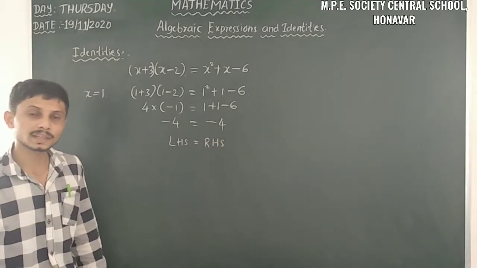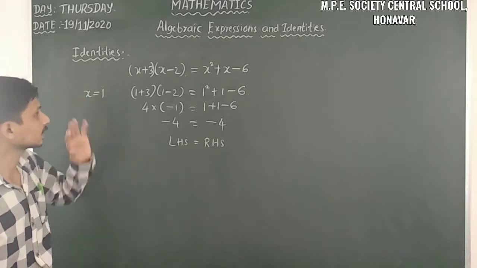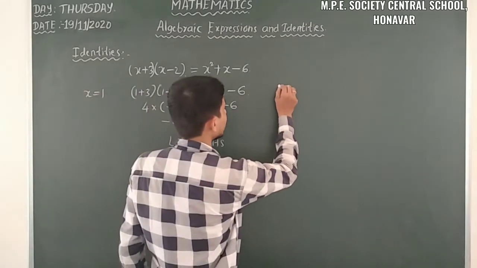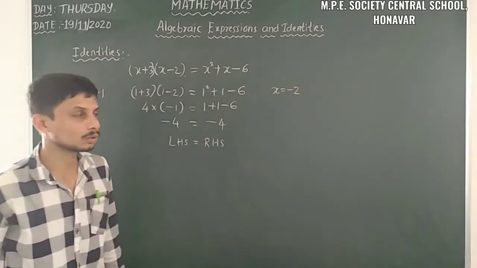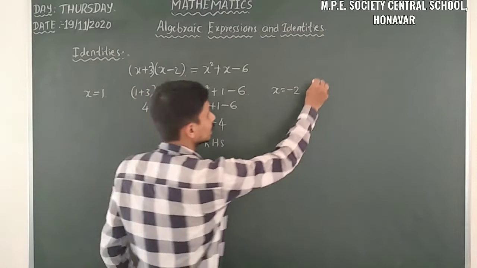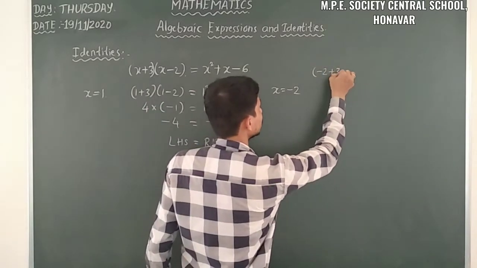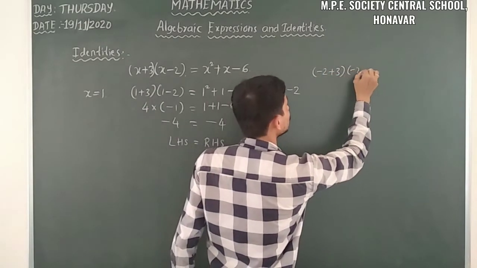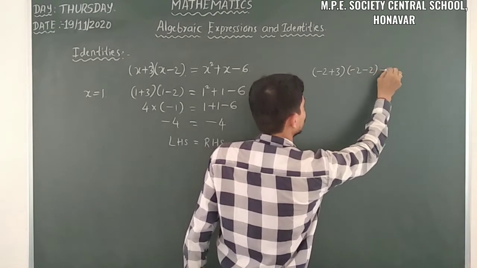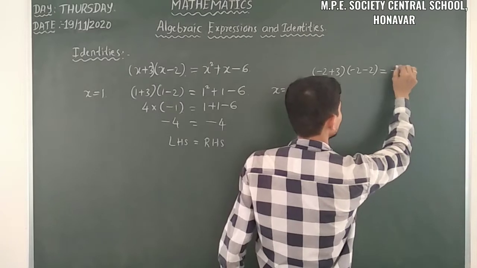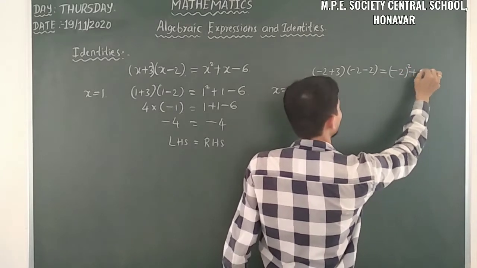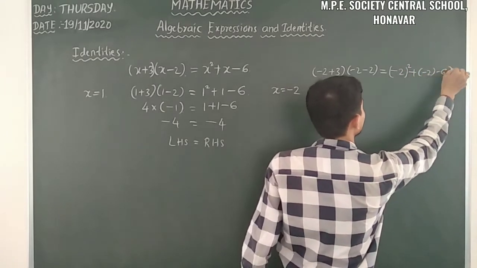Let us take another value, x equal to minus 2. Minus 2 plus 3 into minus 2 minus 2 equals minus 2 whole square plus minus 2 minus 6.